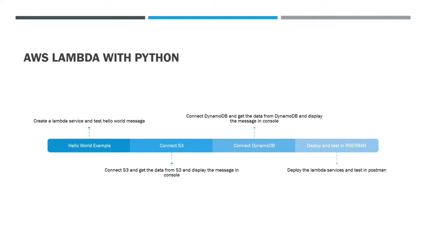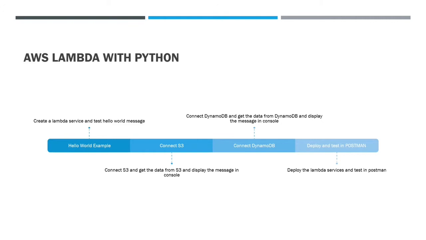Second one, we are going to create an S3 bucket, and inside S3 we are going to create multiple buckets. Once we have created the buckets, we are going to create a Lambda to retrieve the S3 buckets, pull all the buckets, and display them in the Lambda test console.